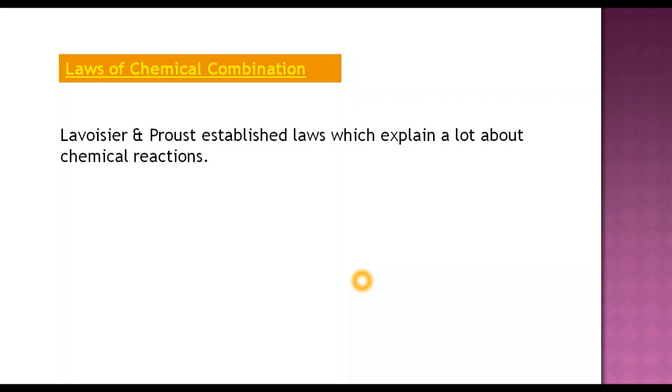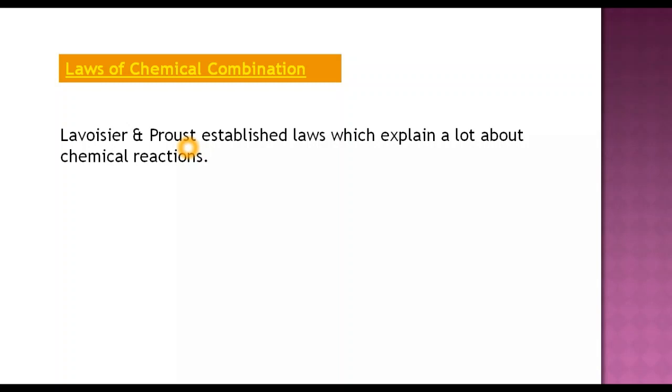Now these rules are what we call the laws of chemical combination. These are experimental laws which have been formulated by scientists after performing a large number of experiments involving various types of chemical reactions. And these laws ultimately led us to the idea of atoms being the smallest unit of matter. Okay.